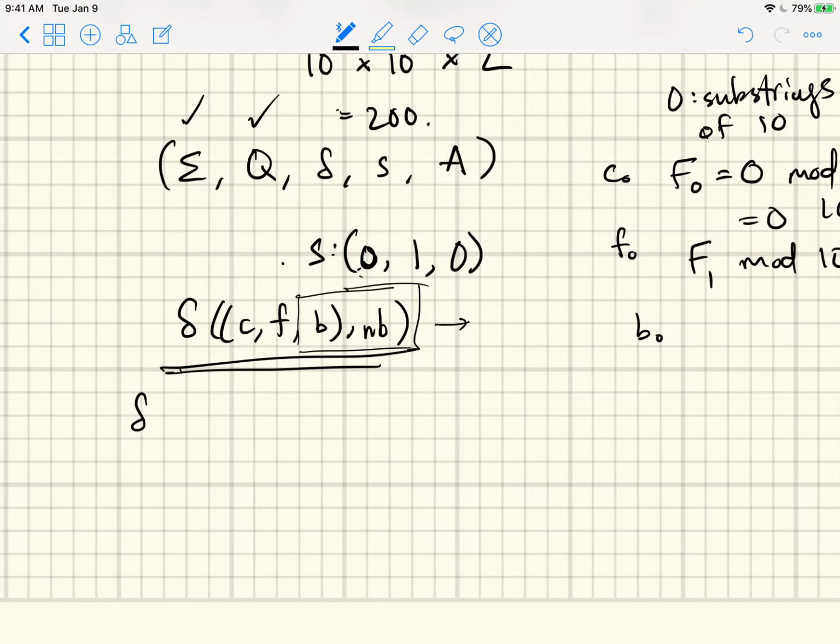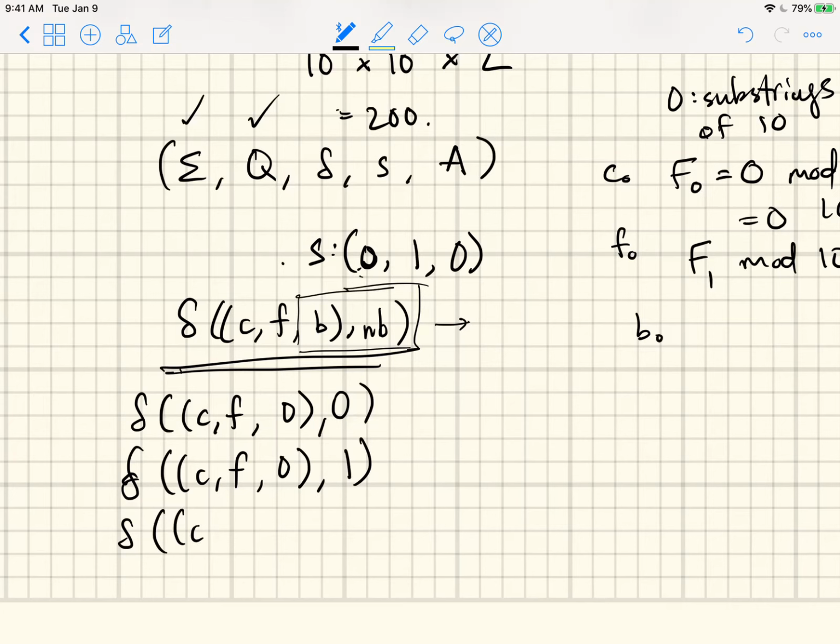By that I mean we only need to figure out what happens when I have CF, I've just seen a 0, and I see another 0. And then we do the same for CF, I've just seen a 0 and I've now seen a 1.